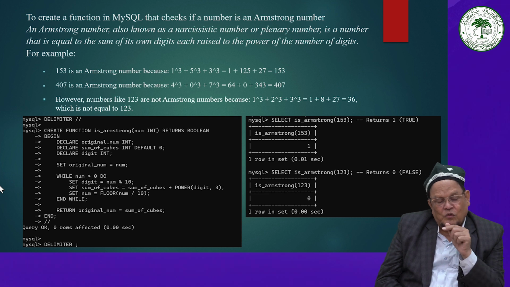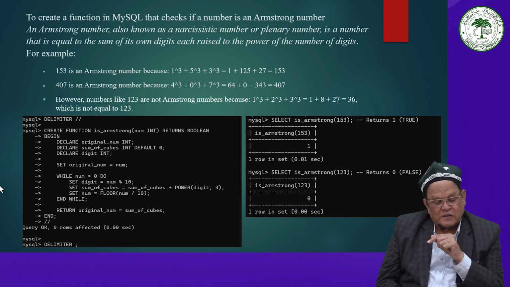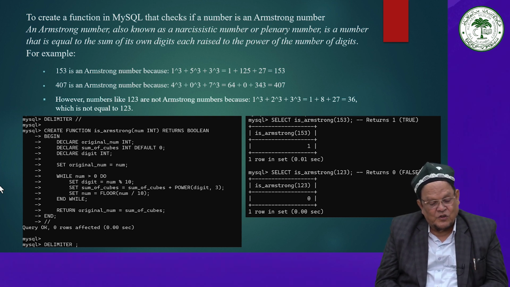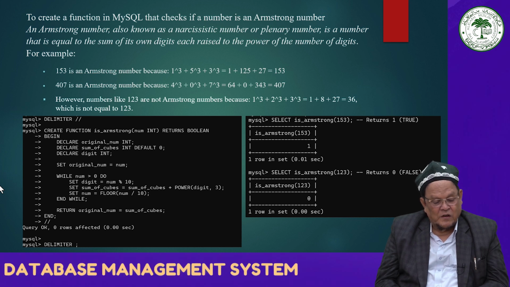Then go into the loop: while num is greater than 0, set digit equal to num modulo 10. Set sum_of_cubes equal to sum_of_cubes plus POWER(digit, 3). Set num equal to FLOOR(num / 10), end while, and it will return whether original_number equals sum_of_cubes.